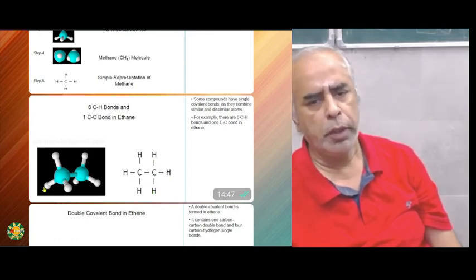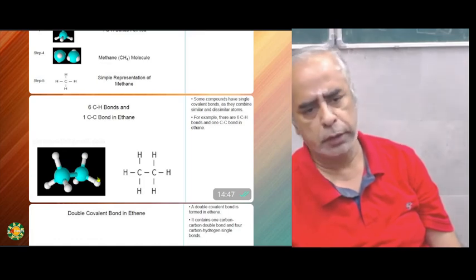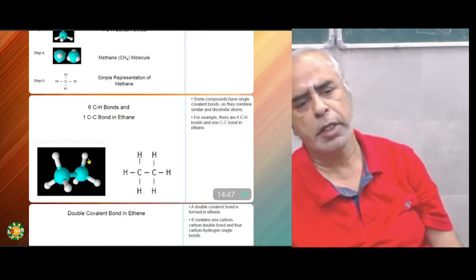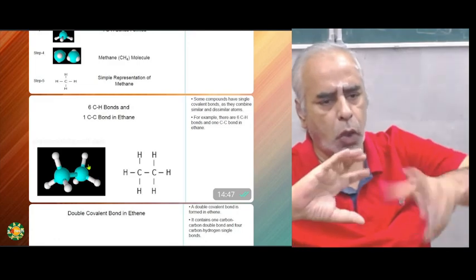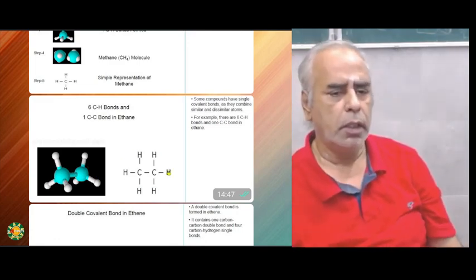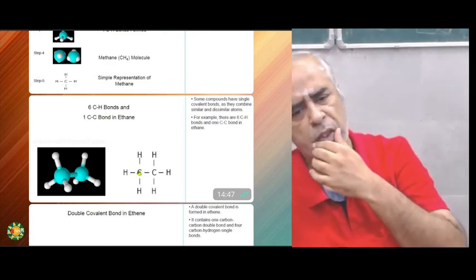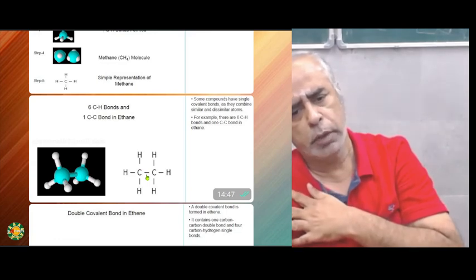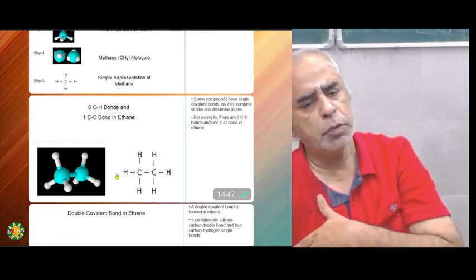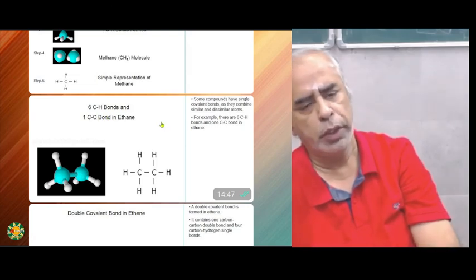Okay, so in that case, I think this is for better visualization. We have put like this. Okay, so that we can study the carbon-carbon bond rotation. All these things can be studied. Whereas here it is a simple carbon-carbon bond, like that is there is one carbon-carbon bond, and how many CH bonds are there? 1, 2, 3, 4, 5, 6. So you should be able to count 6 CH bonds and 1 CC bond in ethane.